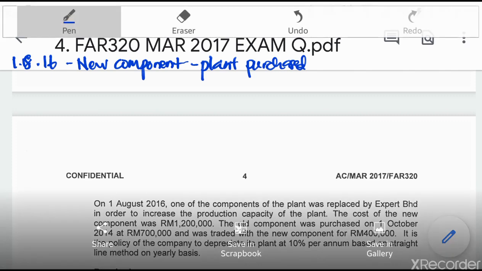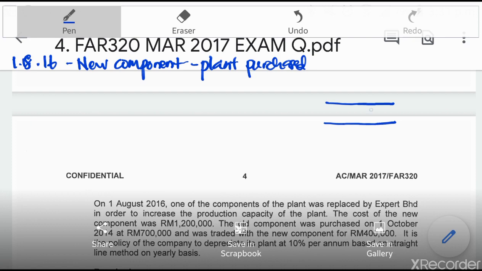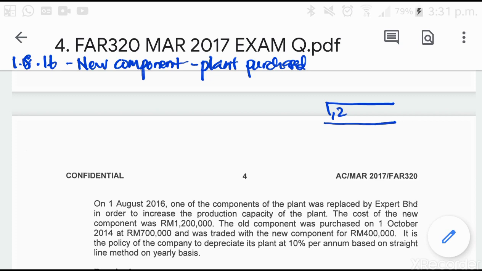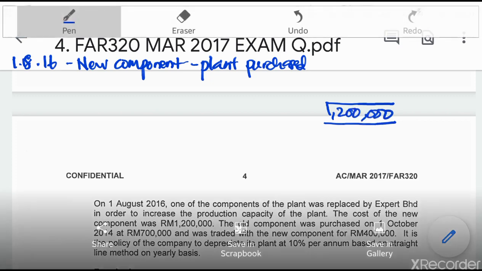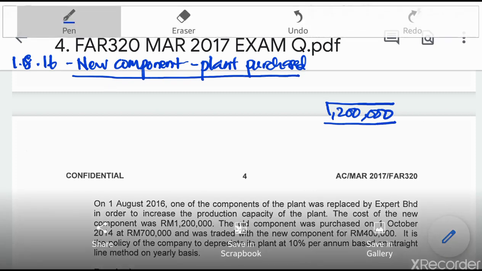Alright, and the new component, remember the amount was 1.2 million. If you can check the second sentence in that paragraph, 1.2. And earlier I did inform you that there is a trade-in value of the old component.